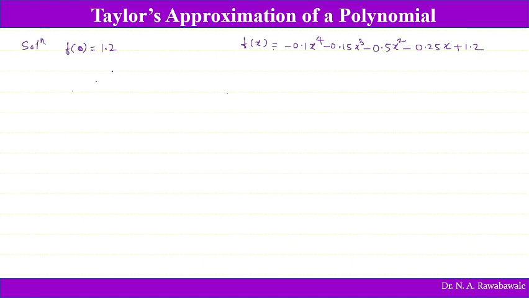Now we want to find out this function value f of 1 using Taylor series. So the Taylor series approximation with n is equal to 0, that means 0 order Taylor series.